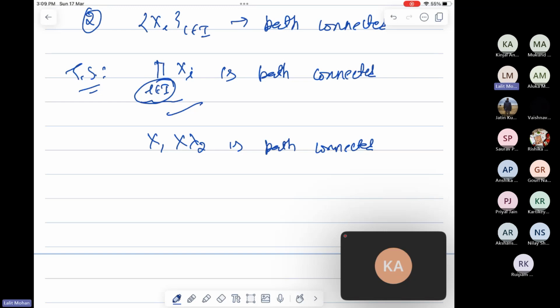So you know there are some properties of path connected. So how will you show that something is path connected in a metric space? Say this is equal to X. Any idea how to show that this is path connected?